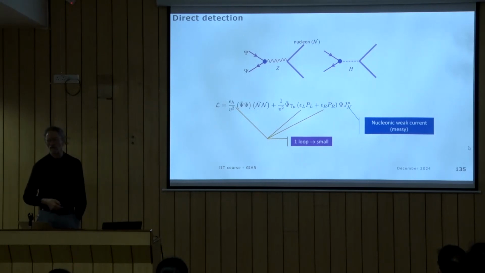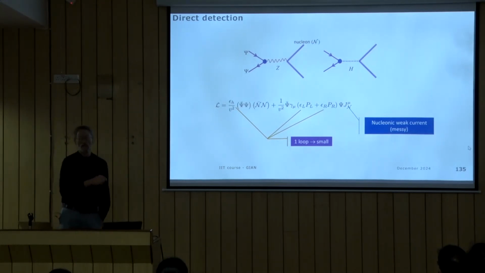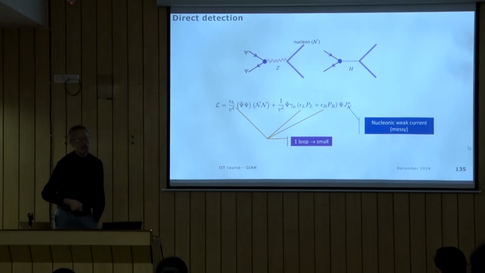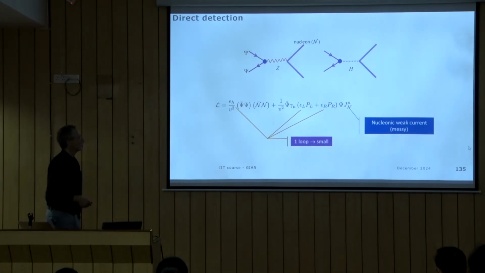I'm going really fast because this is just applying something. The heavy lifting was done in selecting the operators. The rest is doing the plug and chug calculation in dark matter papers. Direct detection goes through these loop-generated operators that couple to the nucleons via the exchange of the Z or a Higgs.